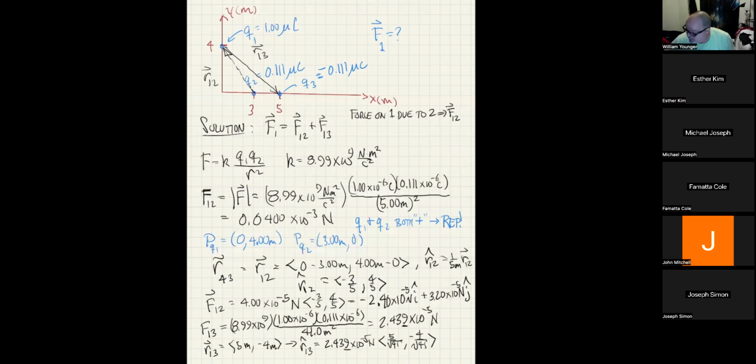And then F13, I got basically 2.439 times 10 to the negative 5th times positive 5 over square root of 41. I'm just writing this on a separate sheet of paper, so I don't have to go back and forth. And then the y component is negative 4 over the square root of 41. So I now have it written down. That means I can steal that when I go over there. So I'm going to go to the next page.